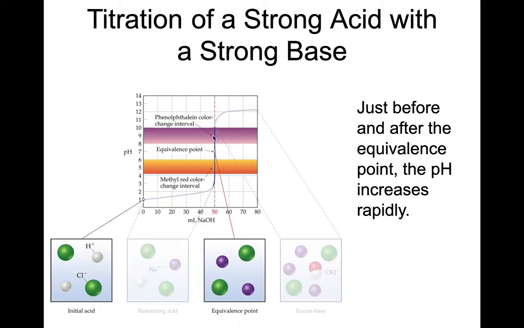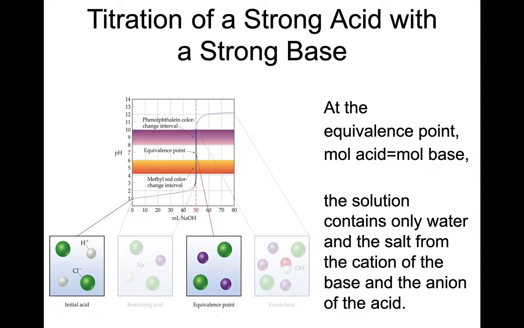Once we pass the equivalence point, for a brief moment, we also go through a rapid increase in pH as we go from equivalent to an excess amount of hydroxide ions, a base.